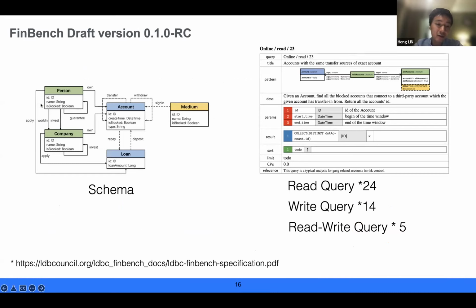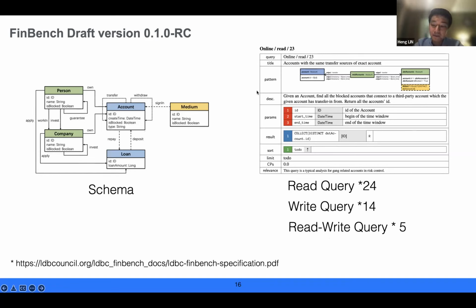First is about schema, and we have introduced it. Also, we define some queries: we have 24 read queries and 14 write queries, also 5 read-write queries.